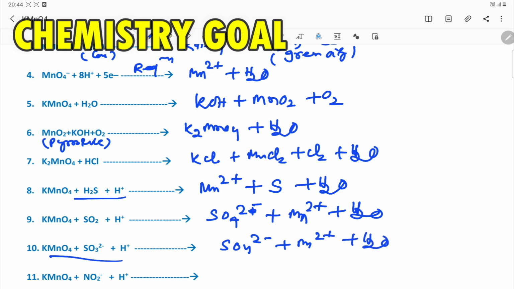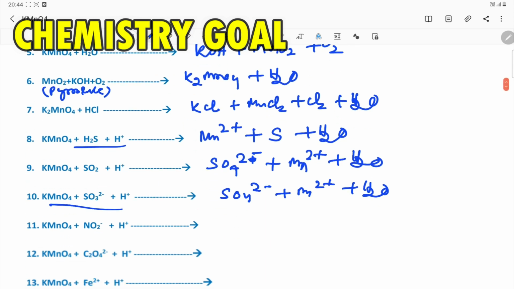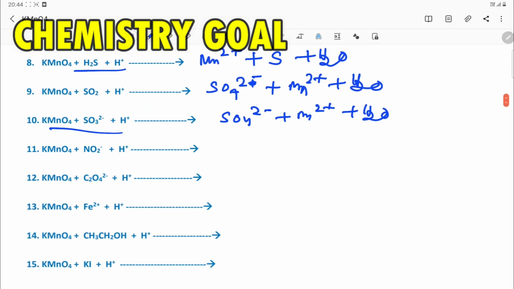This is a very common reaction of potassium permanganate. Similarly, in the presence of nitrite, it oxidizes nitrite to nitrate ion, giving manganese ion and water. This is the product of the reaction of potassium permanganate in acidic medium with nitrite ion.